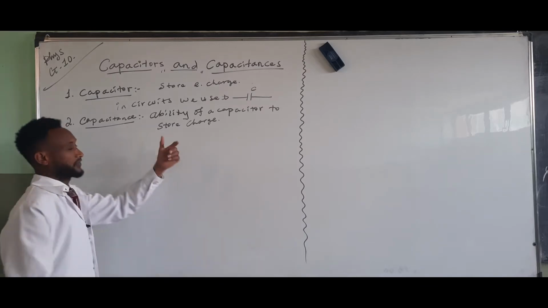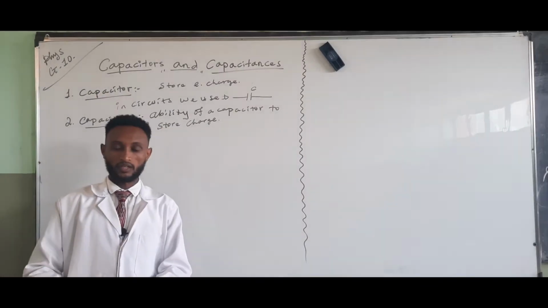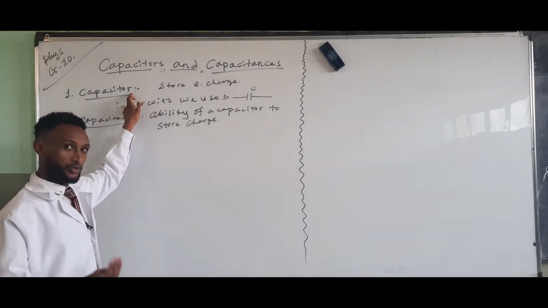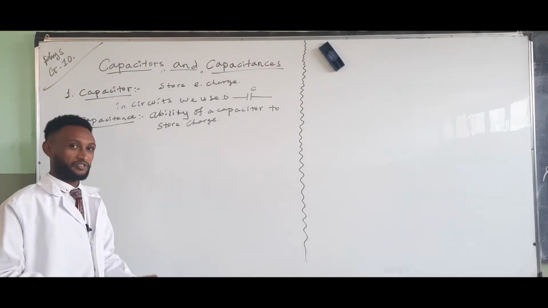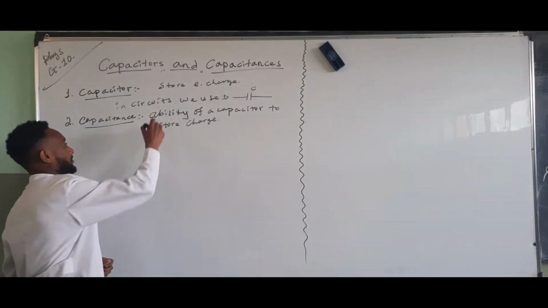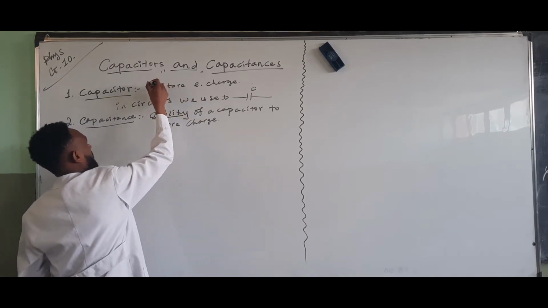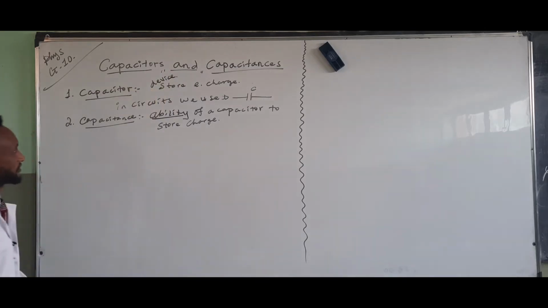Capacitance is the ability of this device to store electric charges. While this one is a device that stores electric charge, the capacitance is the ability or the capacity of that device. This is the device or the instrument that is used to store the electric charges.